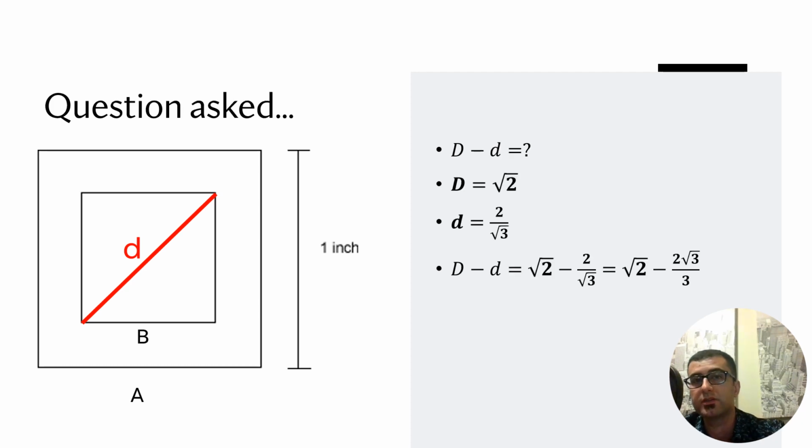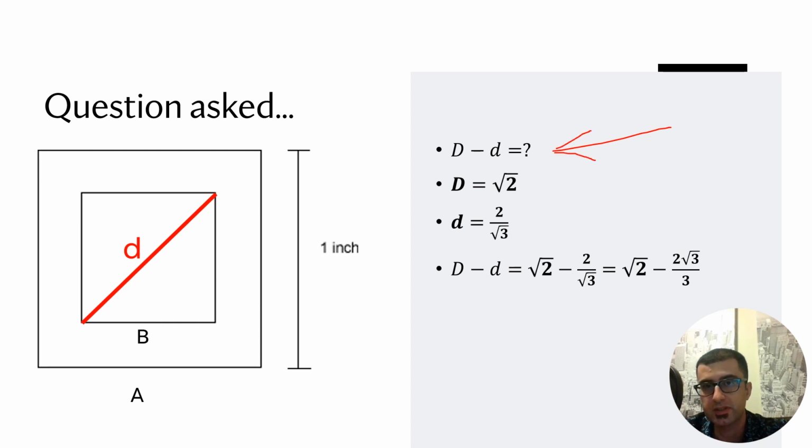So now the point is, we are not looking for capital D over small d. We are looking for capital D minus small d.